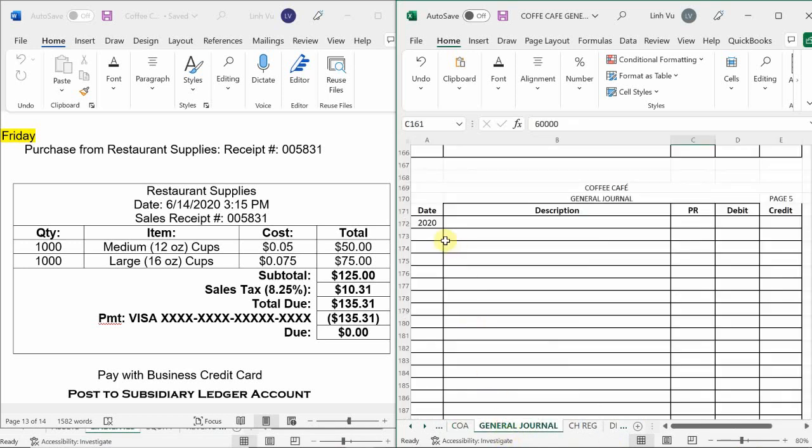We will be crediting our Visa payable, because we pay with our credit card.